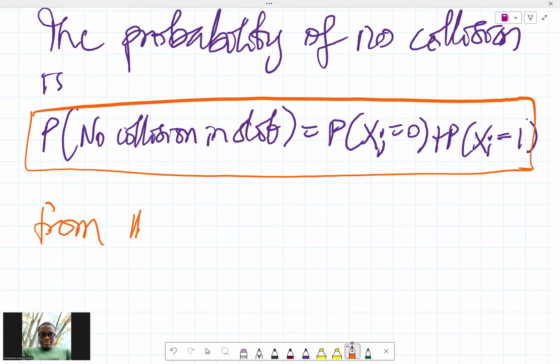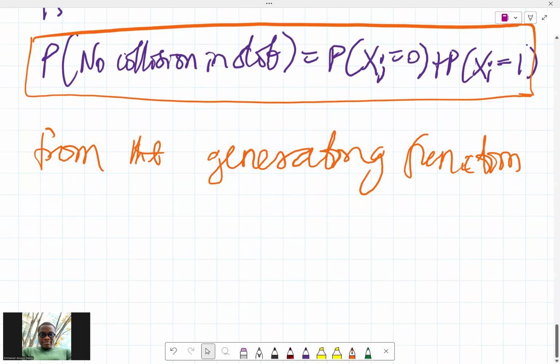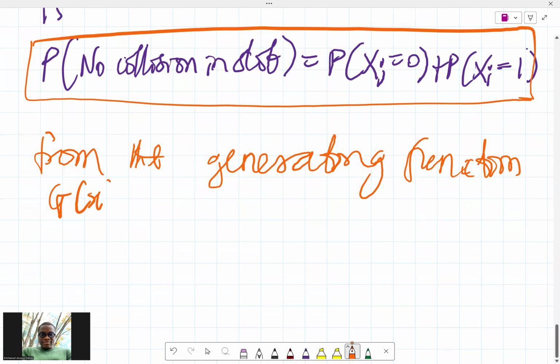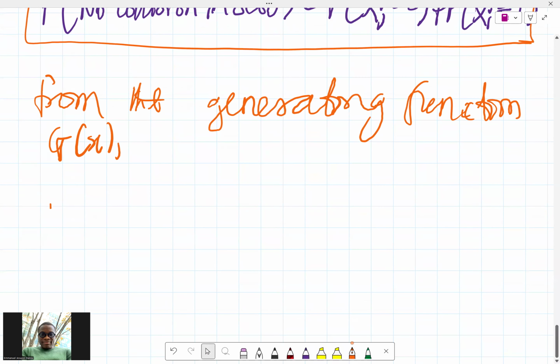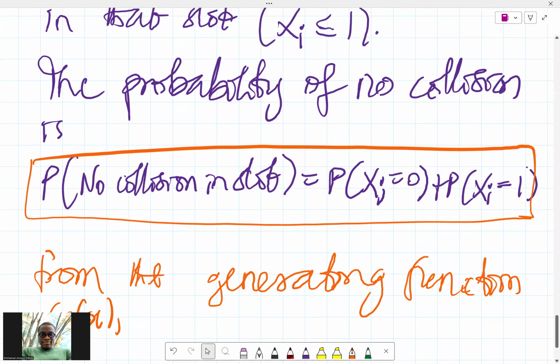Okay, now that that is taken care of, we can have from the generating function g of x, the probability that xi is equal to 0. That means that k is 0, right? And that means we have g of 0, because xi equals 0.